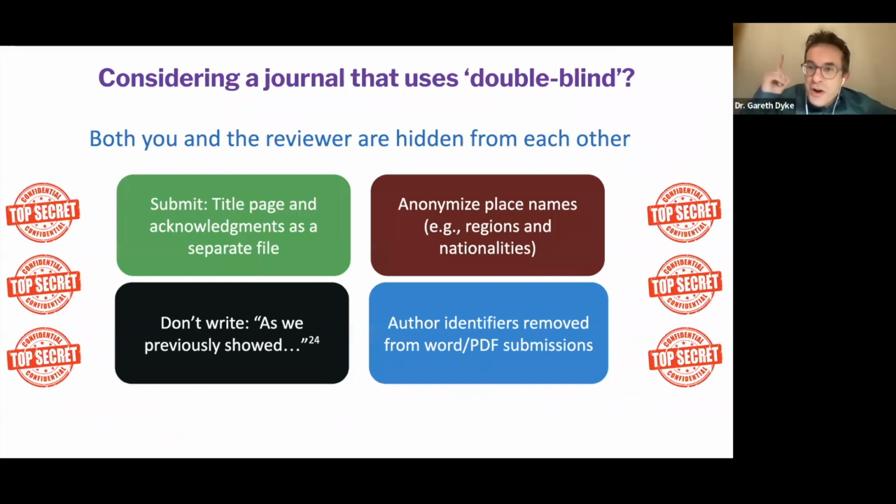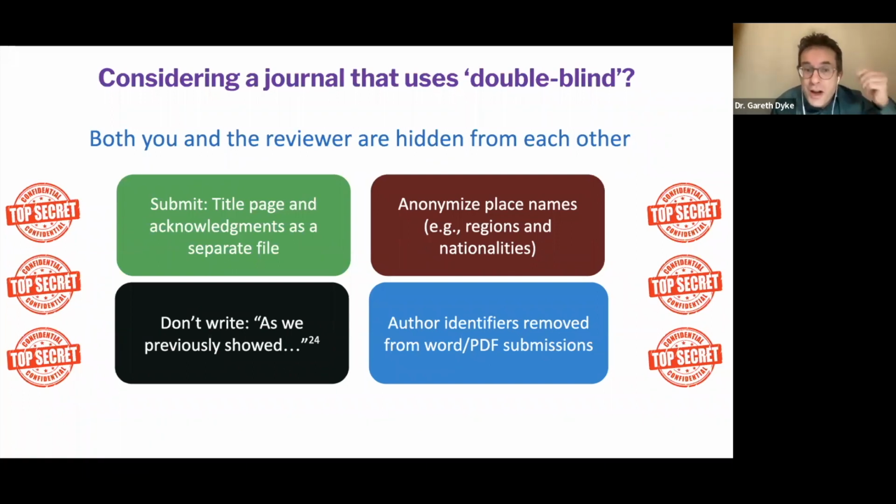If you make a submission to a double-blinded journal, make sure that you really do anonymize your paper, though, because we get lots of submissions going into the double-blind process where authors still say, as we previously showed, and then cite themselves. That's, of course, a dead giveaway to the peer reviewer as to who you are.